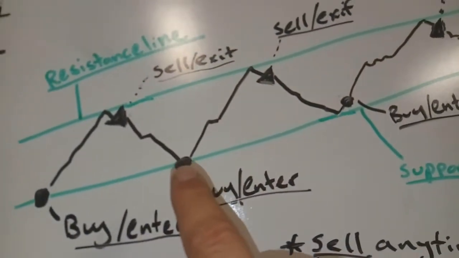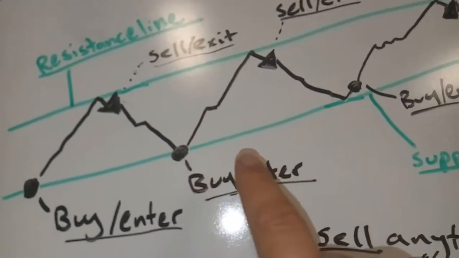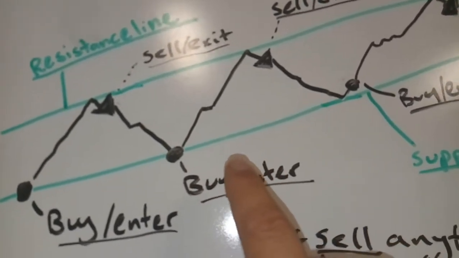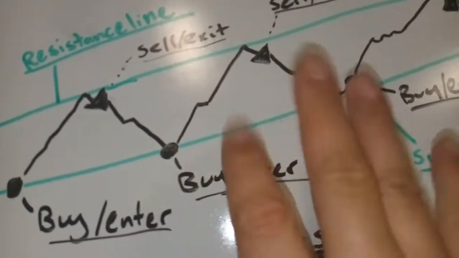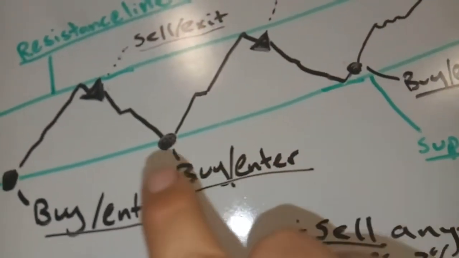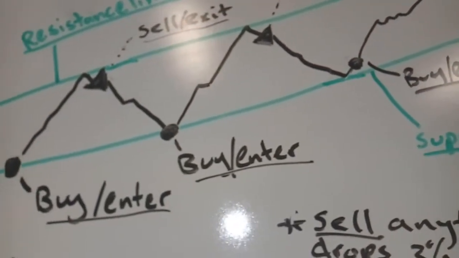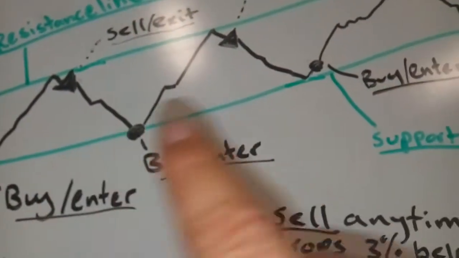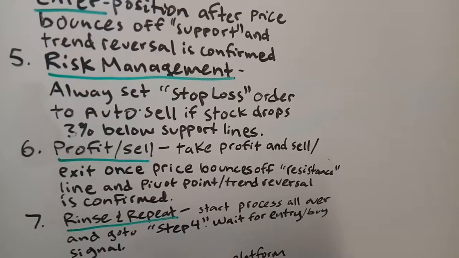So let's say you get in right here and for some reason it drops down below that support line. Once it hits negative 3% below that point, it's going to automatically sell and you'll protect your investment from continuing to go down. So every time you enter, you want to set that stop loss 3% below the support line. And that number 5, you can see there's the risk management technique.